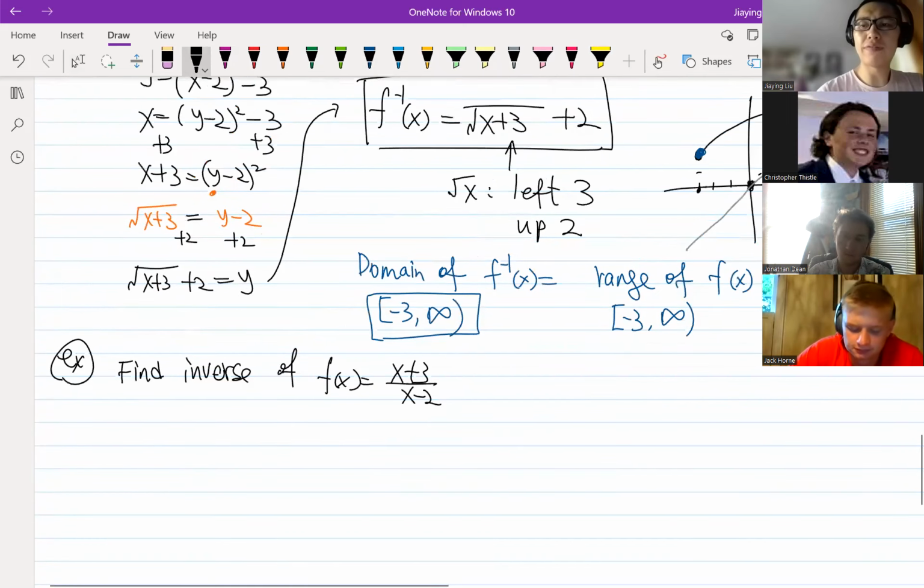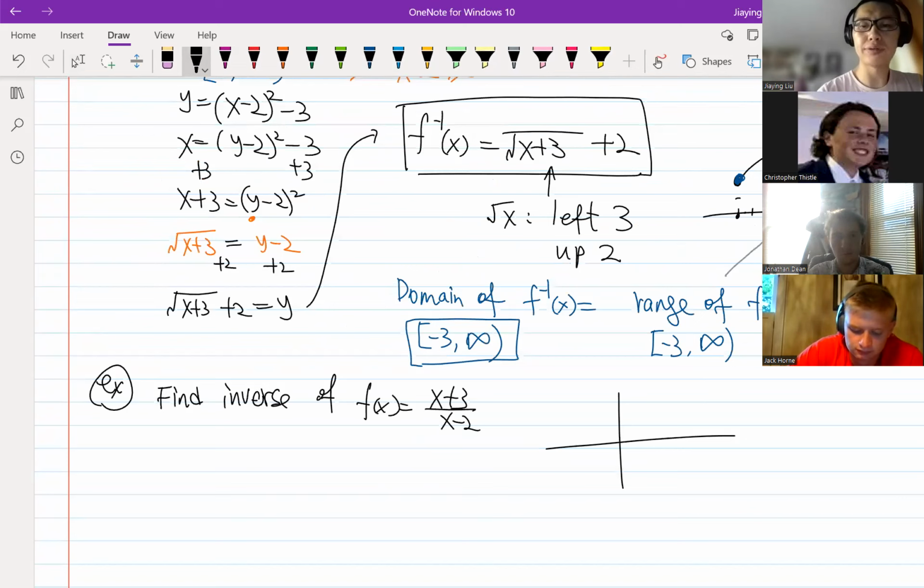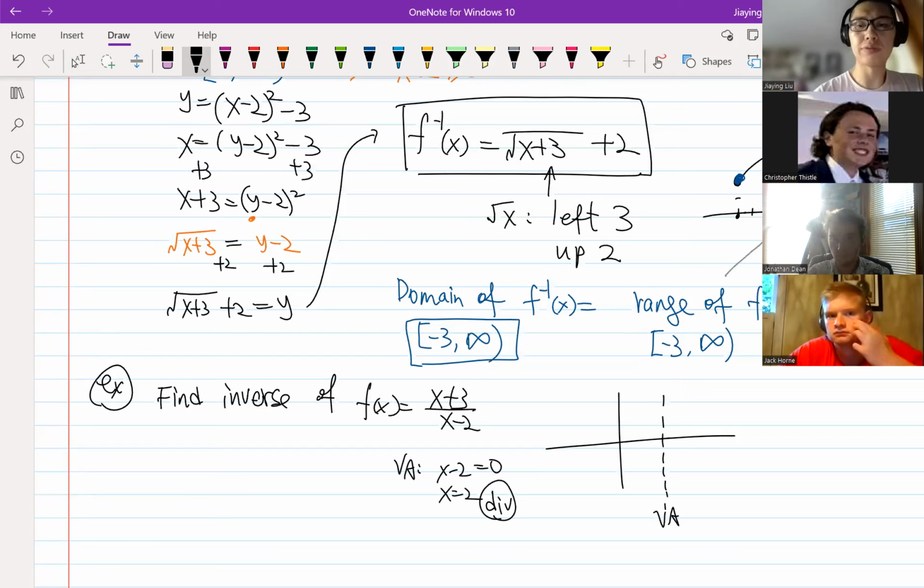And if we were to graph it, remember the denominator will give us a vertical asymptote. So if we set x minus 2 equals 0, the vertical asymptote comes from that, so x equals 2. So 2 is here, we get a vertical asymptote, and it's divergent because we have x minus 2 to the first power.